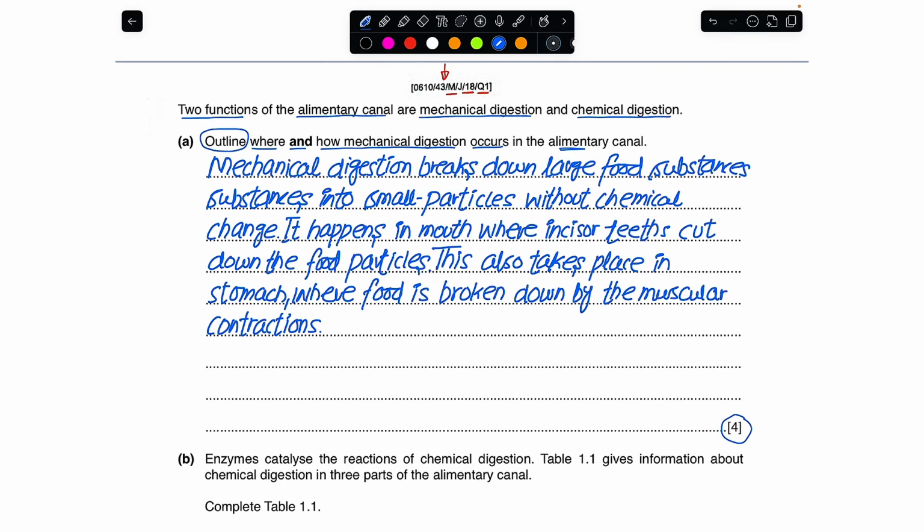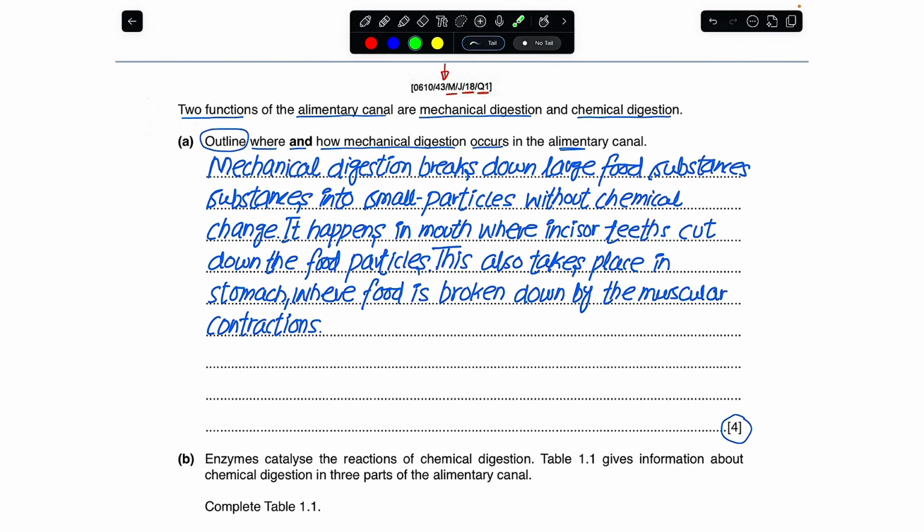Now, what we know is that in mechanical digestion, whatever large food substances we are eating in our diet would be broken down into small particles, and there would be no chemical change involved, no enzyme would be involved.